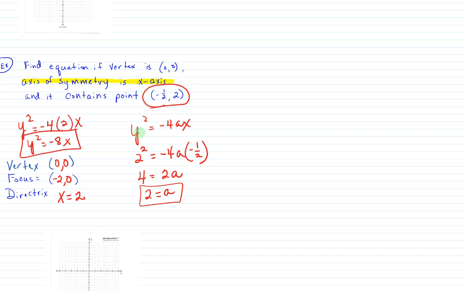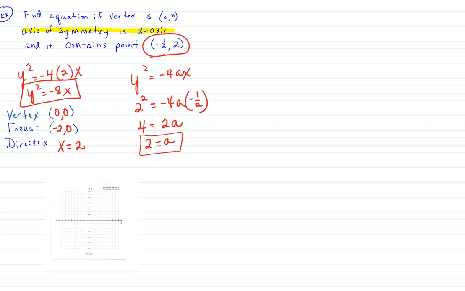We know this is a point on the parabola. If we were at negative 1/2 and up 2, that means that's on the parabola and the vertex is here. So this parabola has got to open left. And the one that says opens left is y squared equals negative 4ax.